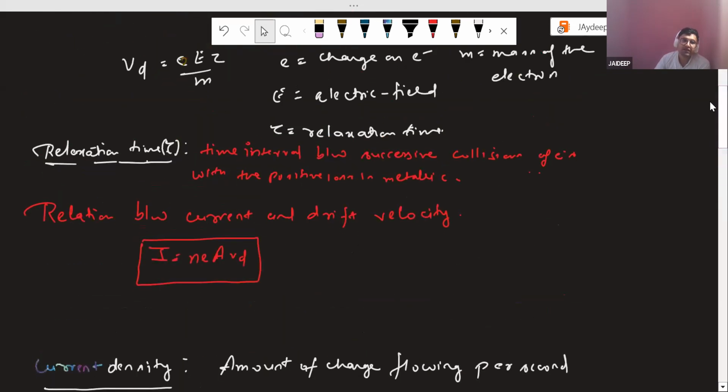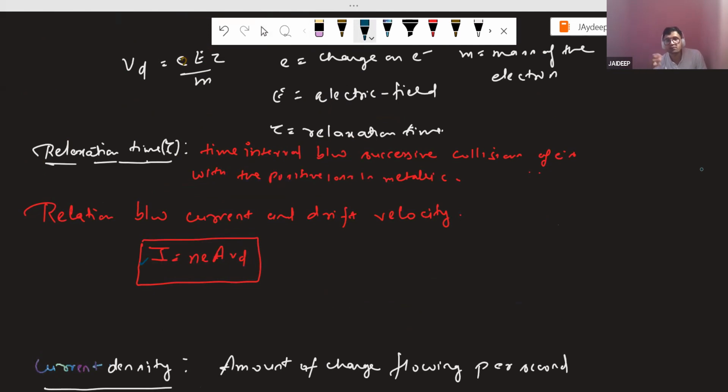Now, relation between current and drift velocity: I equals n e A Vd. Vd is the drift velocity, A is the area, e is the charge, and n is the electron density. What do you mean by electron density?